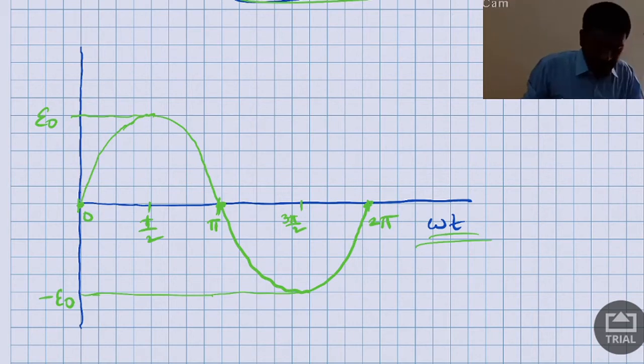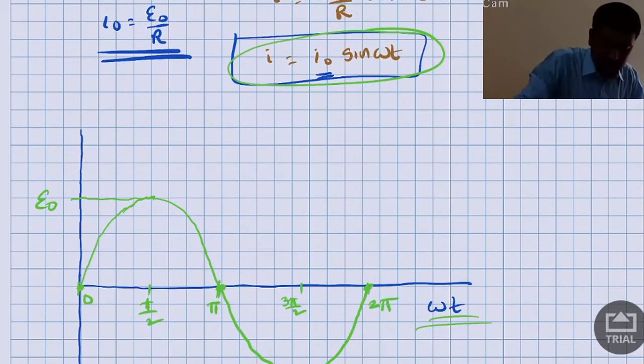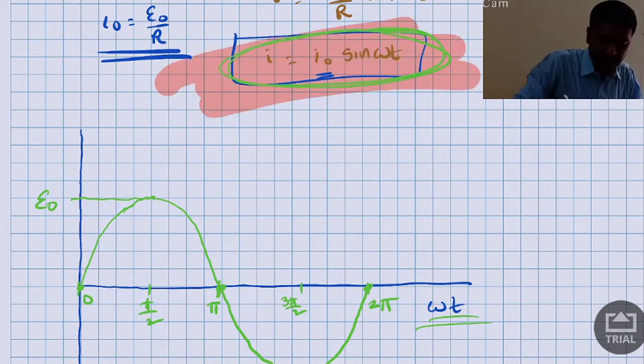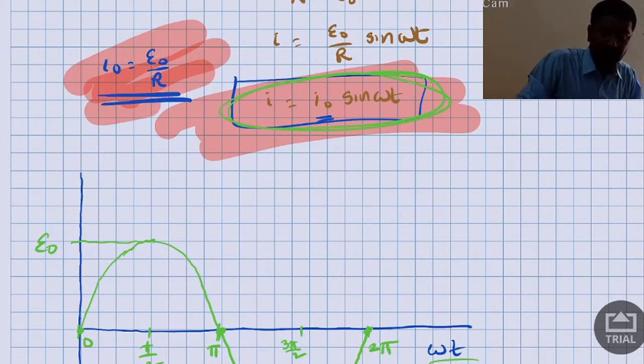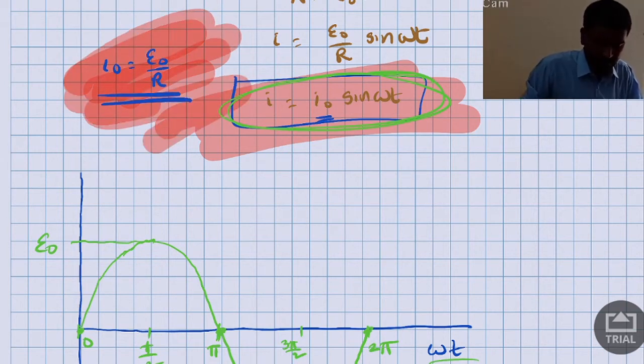Now let us draw the current also. Current is given by the function I equals I0 sin omega t. The magnitude of I0 may not equal E0, because I0 is given as E0 by R. So definitely there will be some gap.